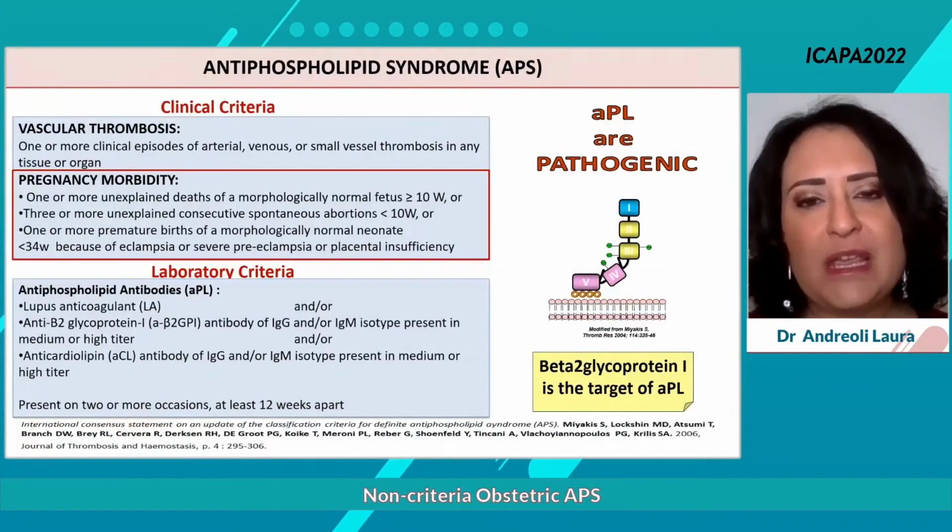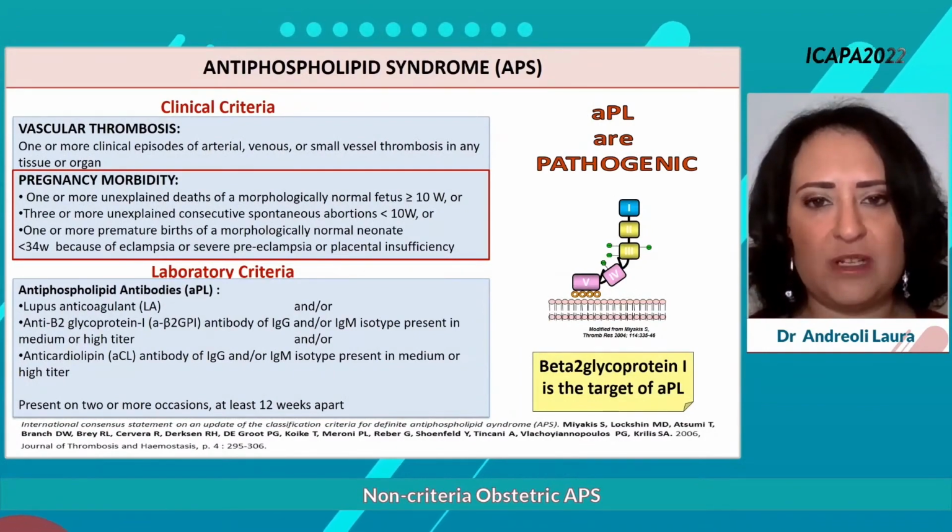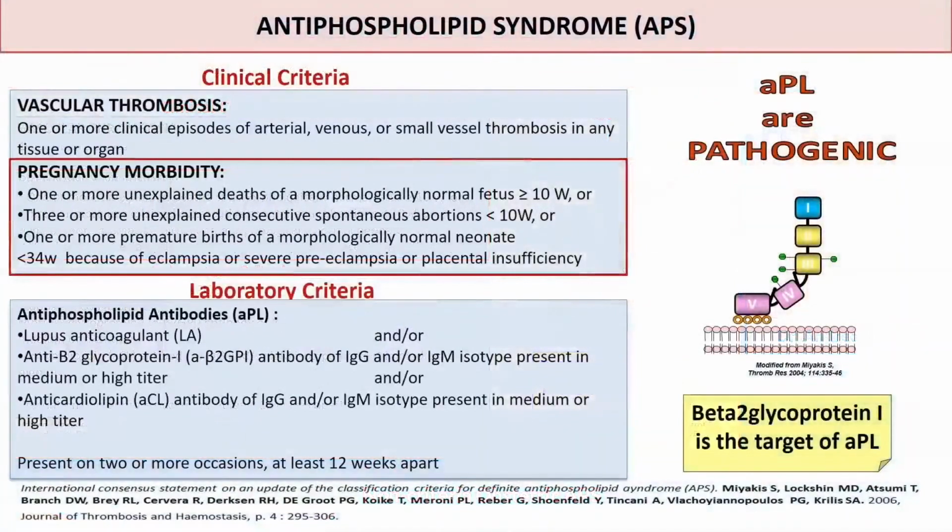So we know that beta-2 glycoprotein 1 is the main antigen towards which antiphospholipid antibodies are directed. And this is very important to understand the relevance of non-criteria obstetric APS.